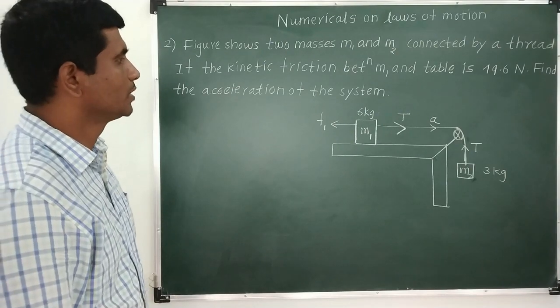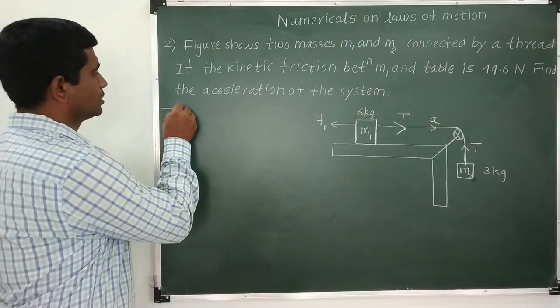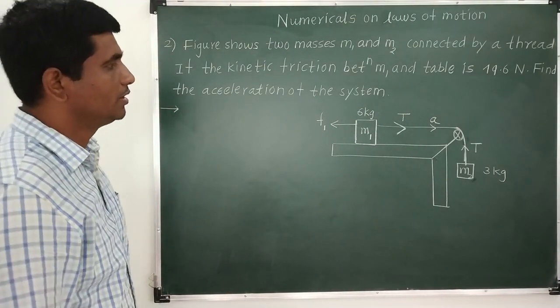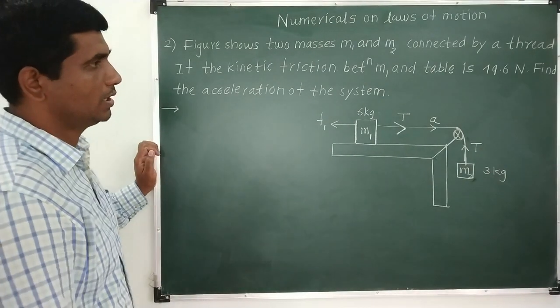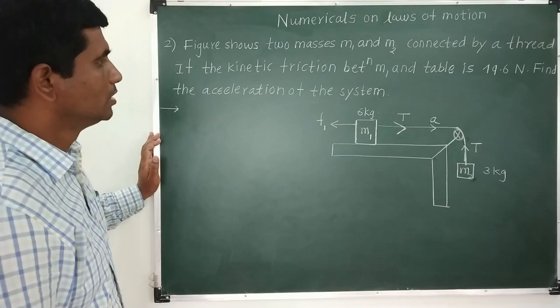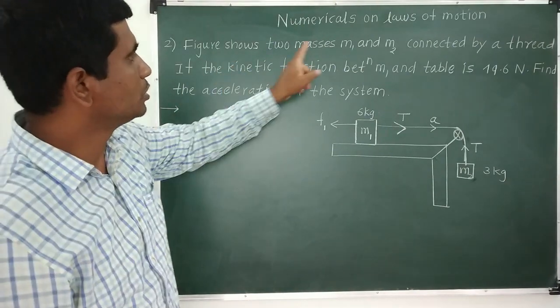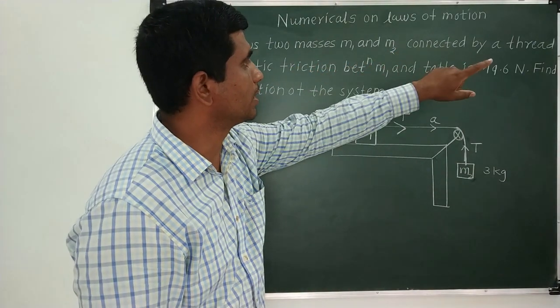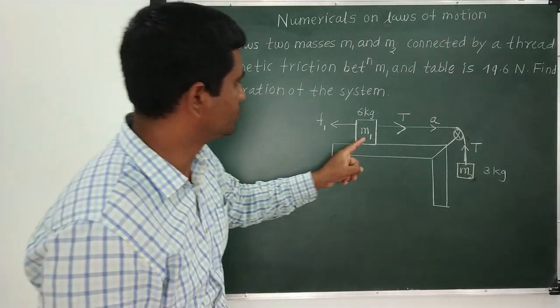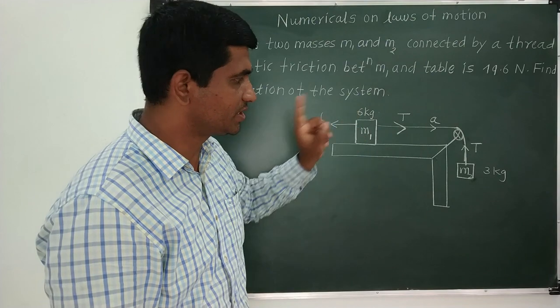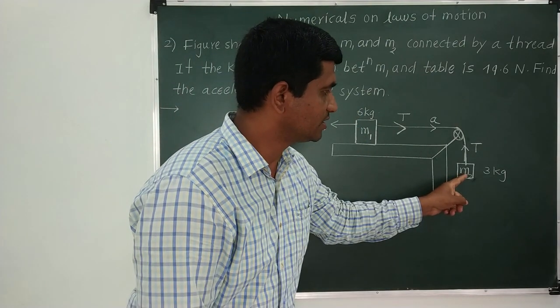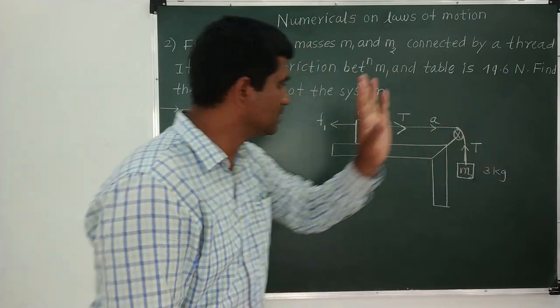We will first go through the problem, and then we will try to find out what has been asked. Now see, the figure shows two masses M1 and M2 connected by a thread. Here the block whose mass is M1 is 6 kg, and the second block whose mass is M2 is 3 kg.